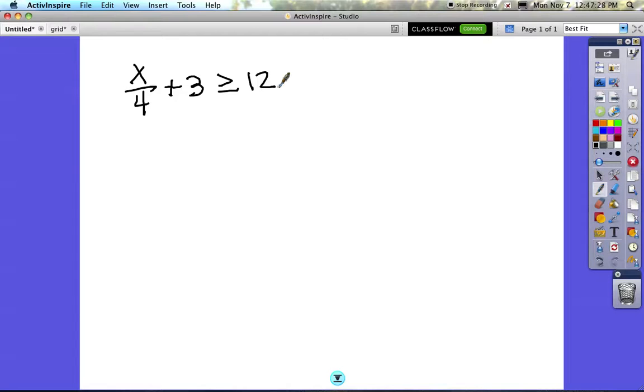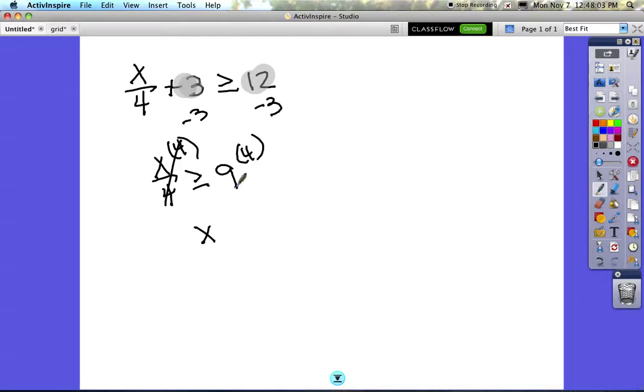Who can tell me what my constants are up here? The 3 is one of them, and the 12 is the other. How would I combine those? Subtract the 3, which gives me x over 4 greater than or equal to 9. Now I have a denominator I want to get rid of. How do you always and forever get rid of a denominator? Multiply it.